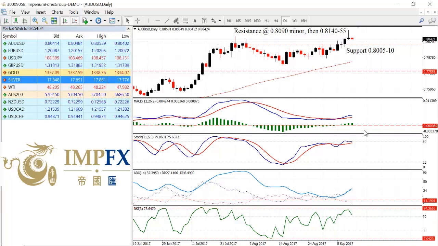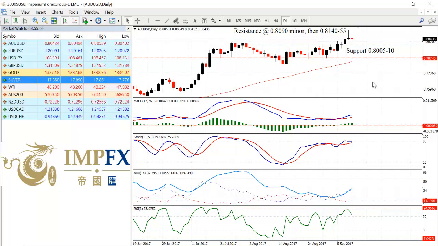If we see a sharp turnaround in the dollar, then we could see the Aussie take a serious tumble, with the immediate support coming in at 80.05-10. A break beneath there would give a significant move to the downside and bring in an objective around 78.70, roughly around this region here, or just in front of this 60-day moving average.